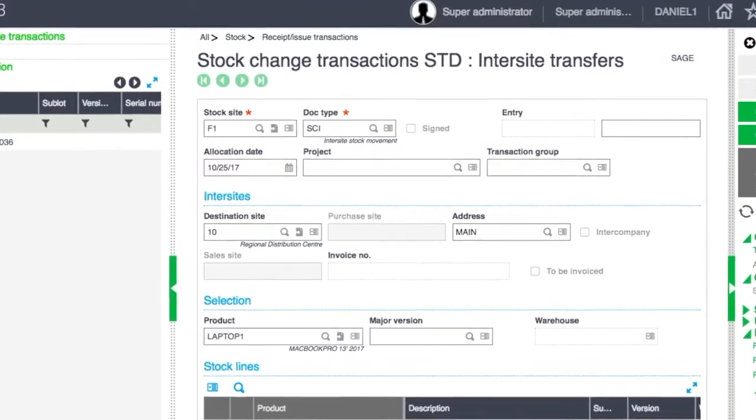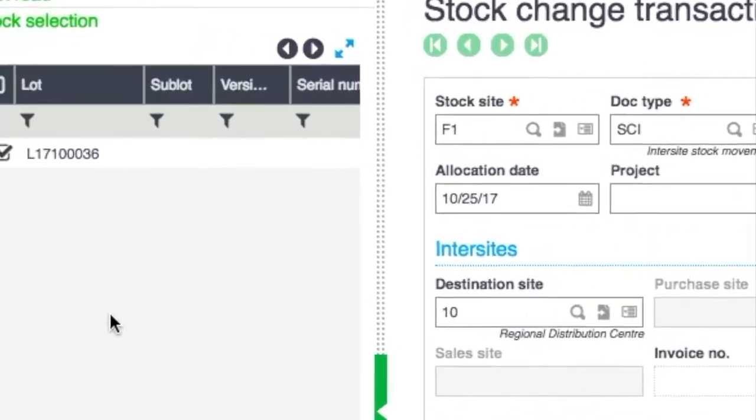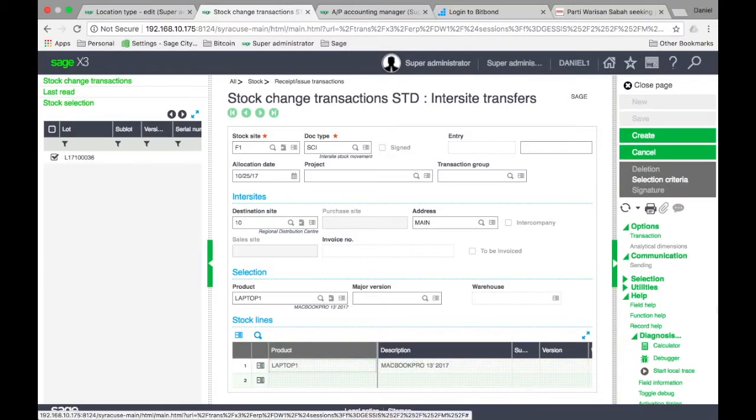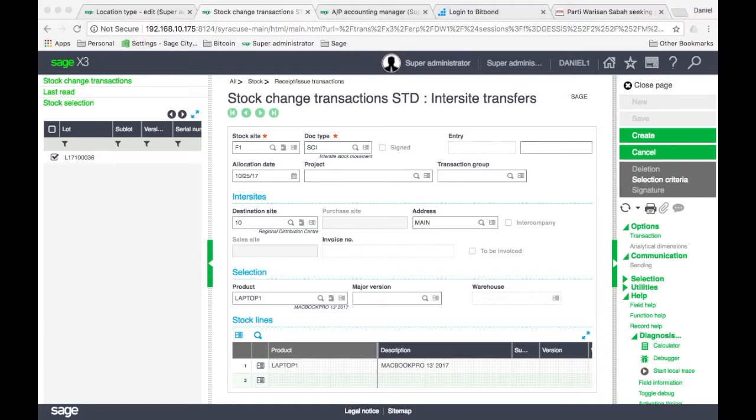After keying in the stock site and product, we click on the left side of the screen and select Stock Selection. You will be able to see lot L17000036. We move to check the box.